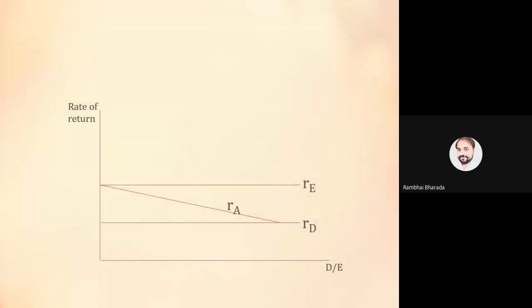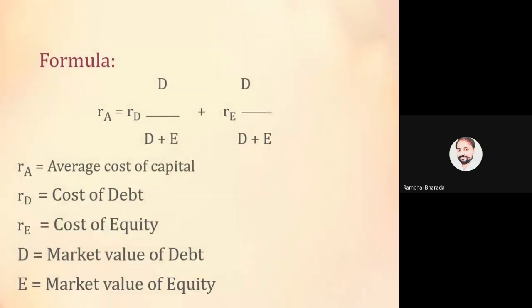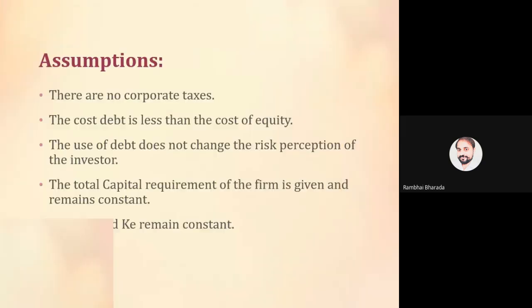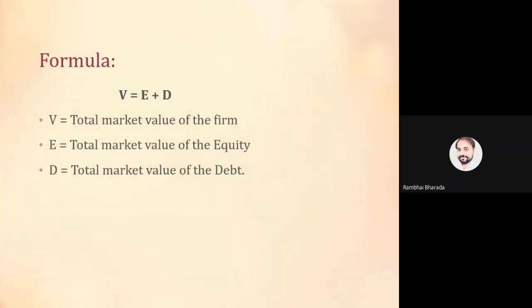And the value of the firm increases as the use of debt increases and the overall cost of capital decreases. Are we clear? How many assumptions are there? Total 5 assumptions are there that you need to remember. And the formula is V is equal to S plus D.